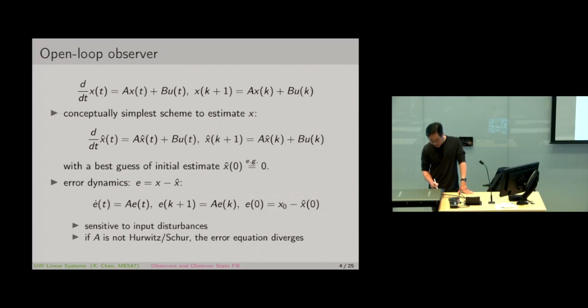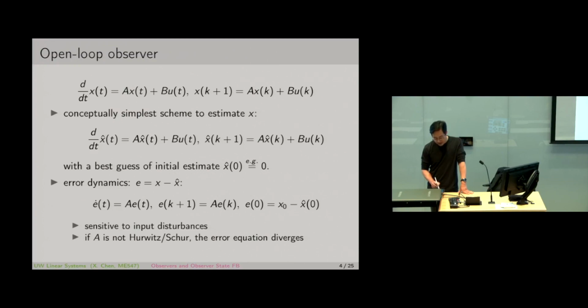Another thing that is also very important is that, in practice, nothing is deterministic. There are always some small errors in here. If there are these kinds of input disturbances, then there will be some extra terms over here and over here.